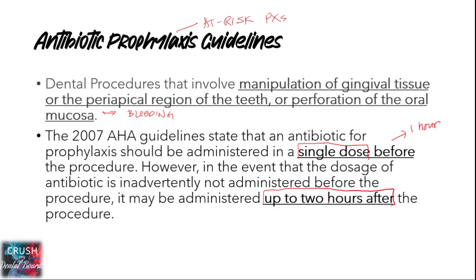Just make sure the patient does not forget. Okay? Again, antibiotic prophylaxis should be 1 hour before. If they forgot about it, then they can take the antibiotics, the 1000 milligram amoxicillin, up to 2 hours after the procedure. Okay?